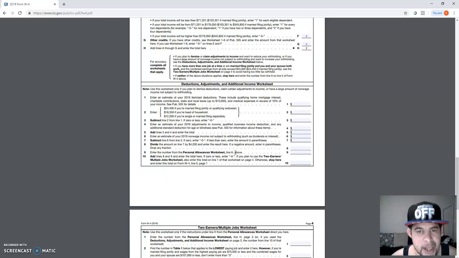Basically, for me personally, I don't have a mortgage. I haven't really done any charity. I've done some charity, but nothing I really care to put on here. I don't have medical expenses, so I am going to put a 0.